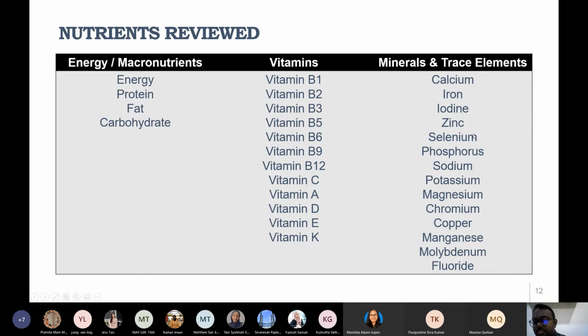Okay, so these are all the nutrients reviewed in the RNI 2017. Some were there in 2005, some have been added. Examples are copper, manganese, molybdenum, and fluoride, which are new nutrients added in RNI 2017.